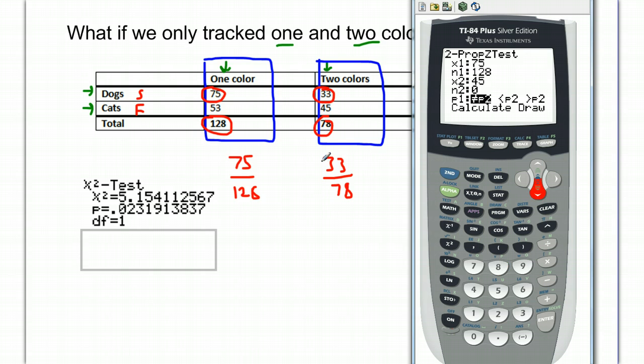My x2, number of successes in my second proportion, would be 33, and it would be out of 78. Now I'm going to choose to do a not equals test. There are other options, but for this one I want to do the not equals test, and I want to calculate my p-value.